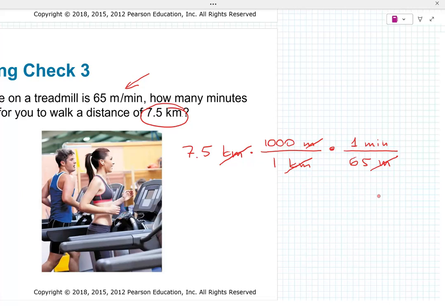Well, good. Whatever, there's going to be some answer. Again, to your question, what do you do here? You multiply 7.5 by 1,000 and then divide this by 65.